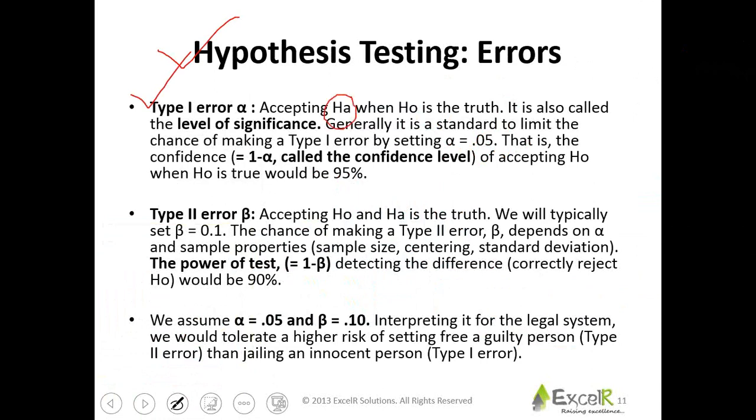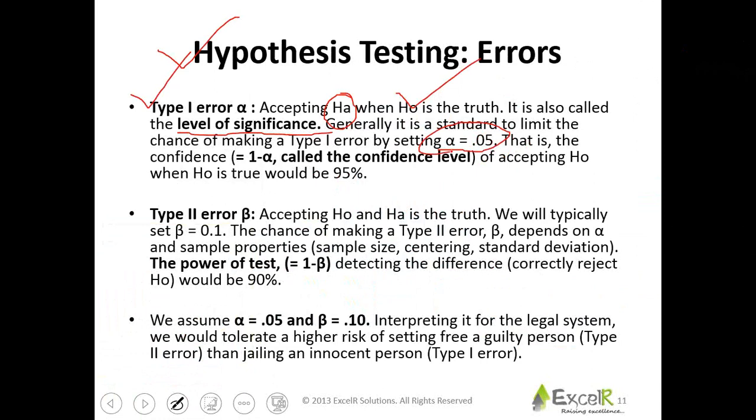You are accepting the alternate hypothesis when the null hypothesis was in fact true. It is also called the level of significance. Generally, it is a standard to limit the chance of making a type 1 error by setting alpha equal to 0.05.